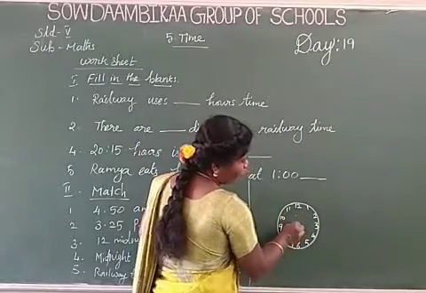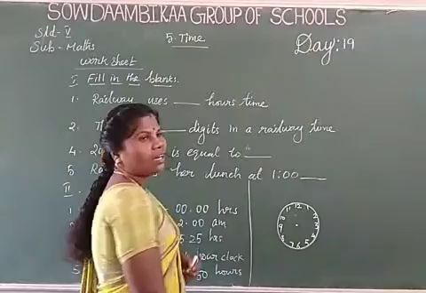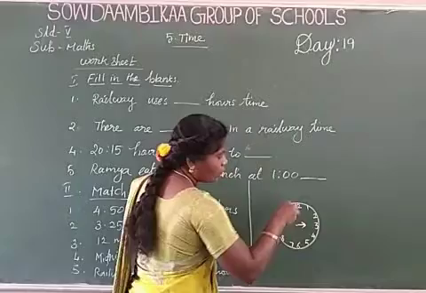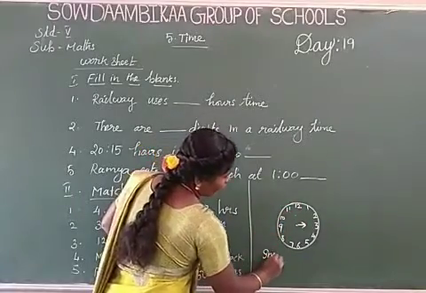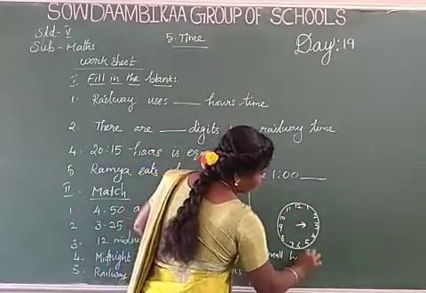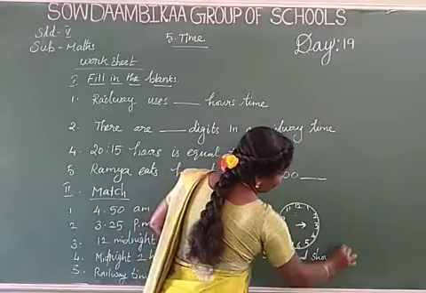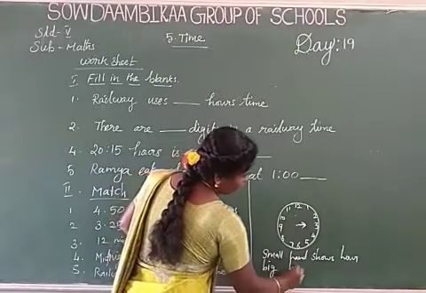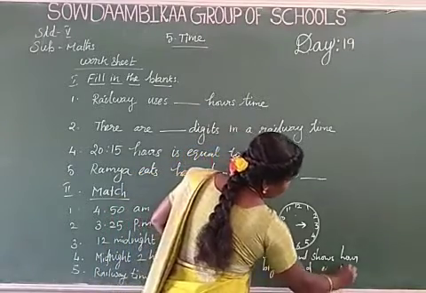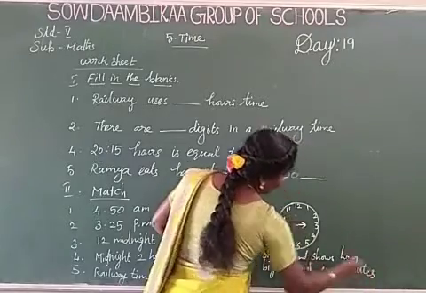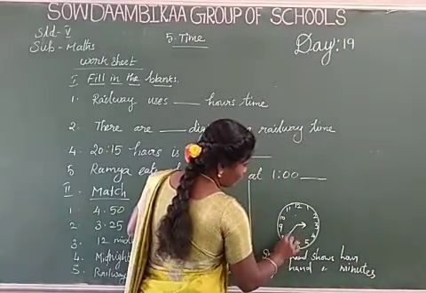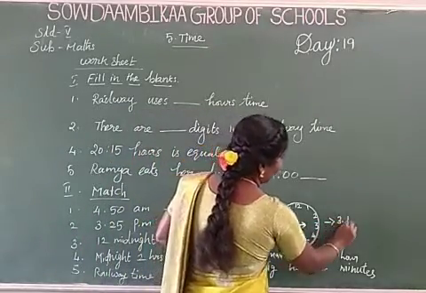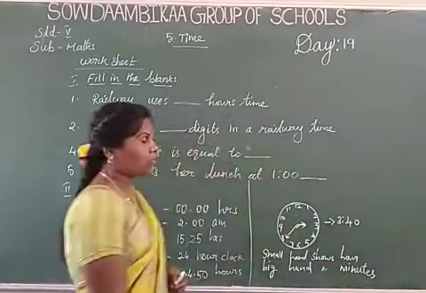I already told you, the small hand shows the hour and the big hand shows the minutes. So the time is 3:40. The time is 3:40.